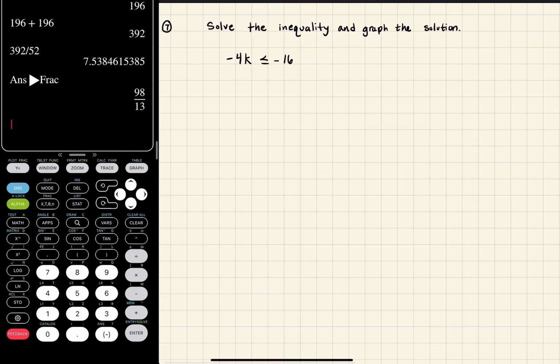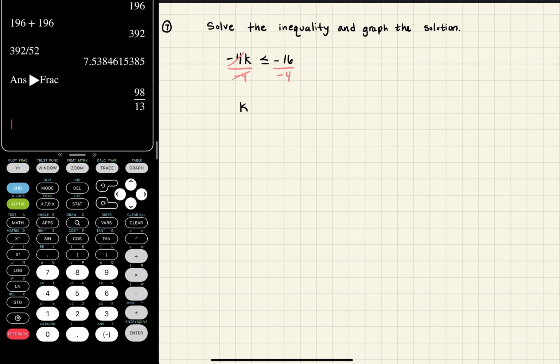Number 7, we need to solve the inequality and graph the solution. Well, we treat these just like normal algebraic equations. We'll kind of treat this as an equal sign. So we need to get k by itself. So I'm going to divide this side by -4 and this side by -4. And there's one rule to keep in mind.